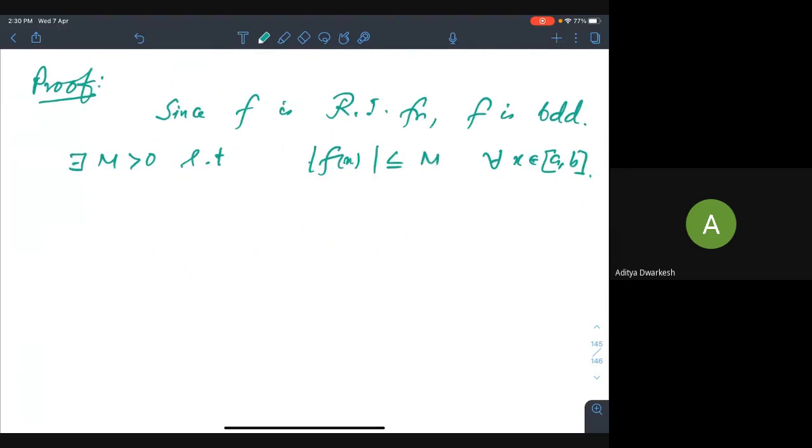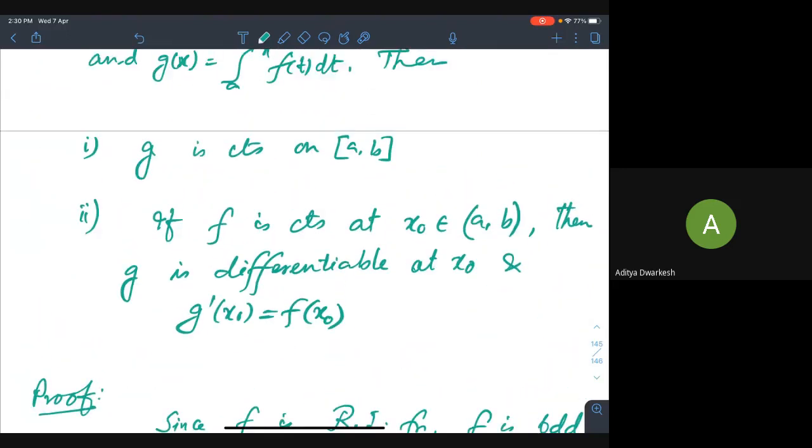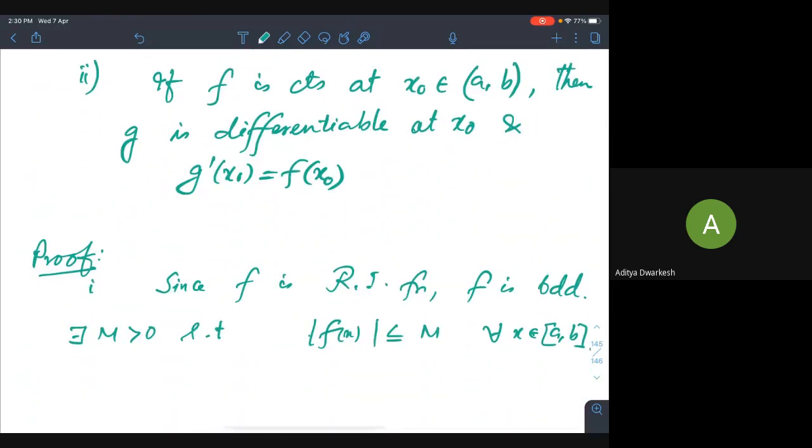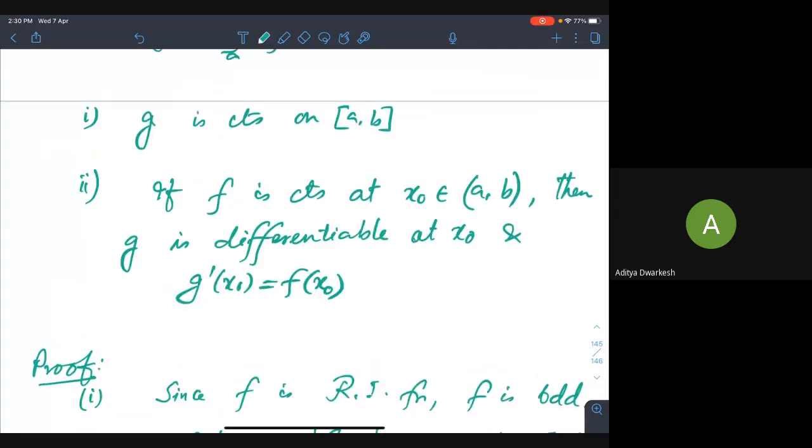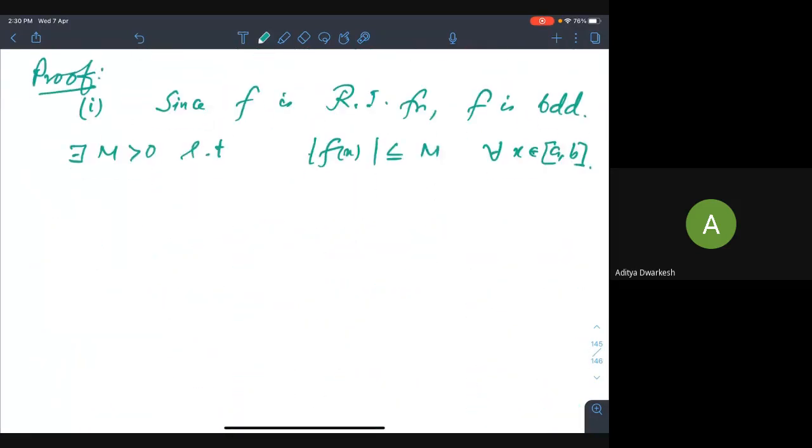Now, the first thing we want to show is that G is continuous. So pick x, y belonging to points in [a, b], and you can assume x greater than y.